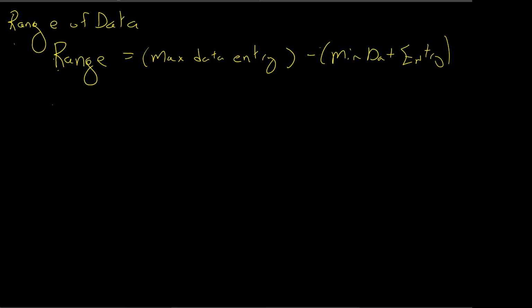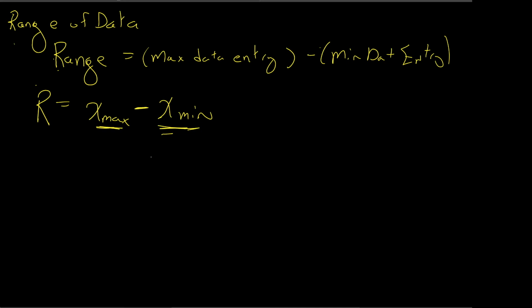I did range as x, and I gave it a subscript for max minus x min. And this is the largest data unit entry, and this is the smallest. And you'll see I'll use subscripts a lot.